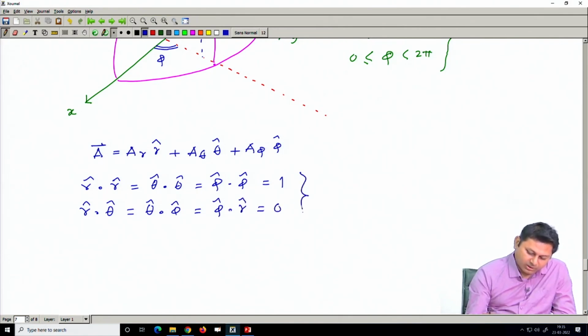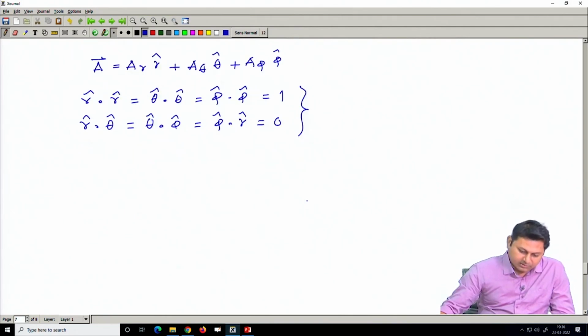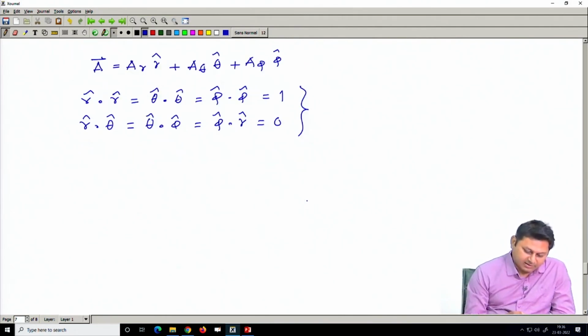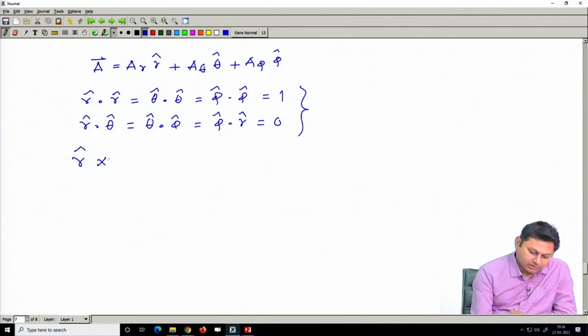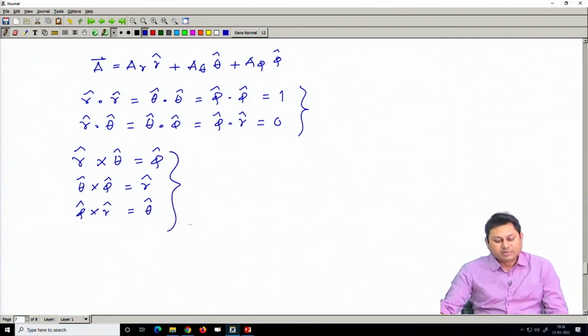That means they are forming an orthonormal basis. Not only that, these are a right handed system. So, I can have r cross theta equal to phi, then theta cross phi equal to r, and phi cross r is equal to theta. So, they are forming a right handed orthonormal basis.